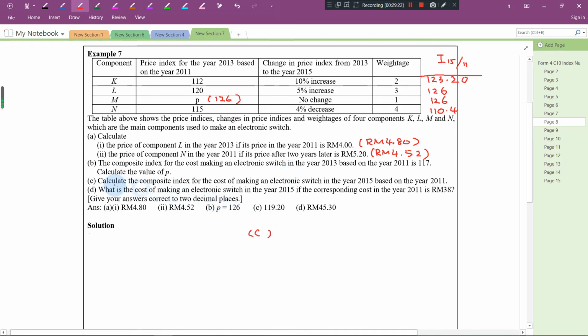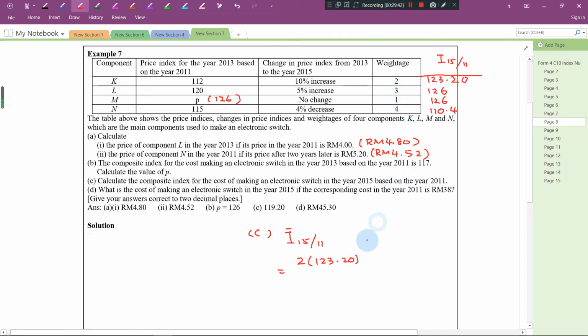Okay, part C, 2015 based on 2011. What we need to do is take the weightage times the index number, add up together, divided by the total weightage.